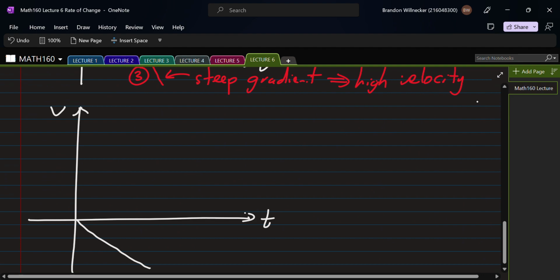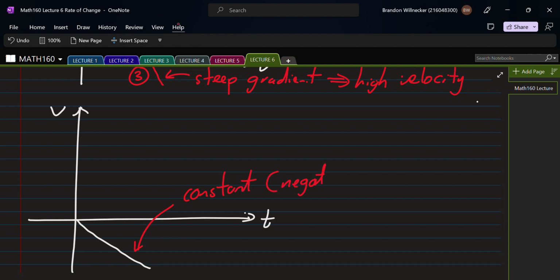Okay. So it's a negative velocity, we know it's moving down, and since it's a straight line, it has constant negative gradient. Okay, so that means constant negative acceleration.